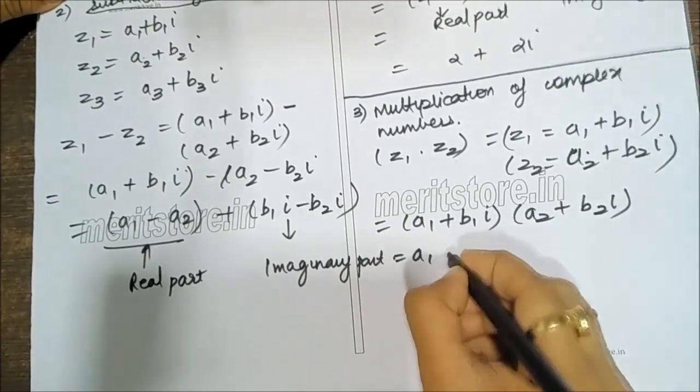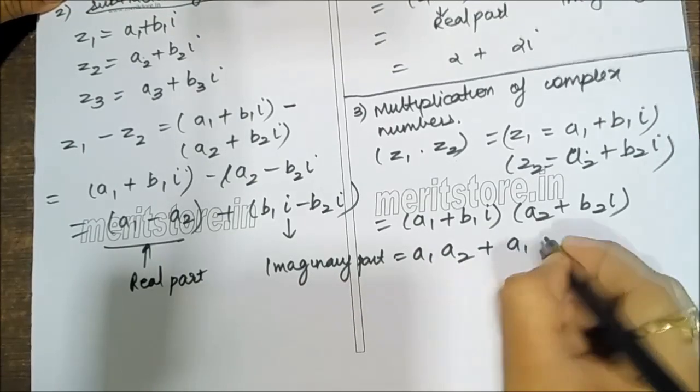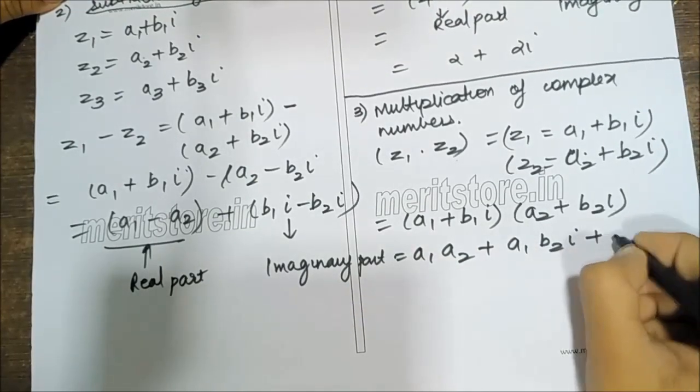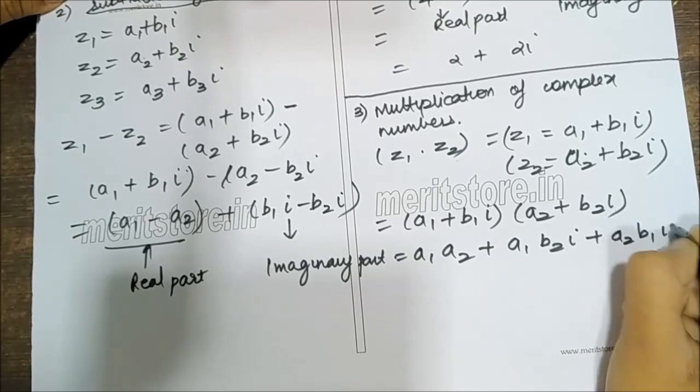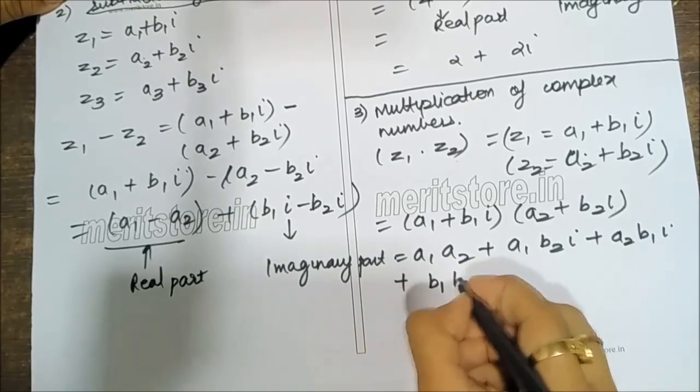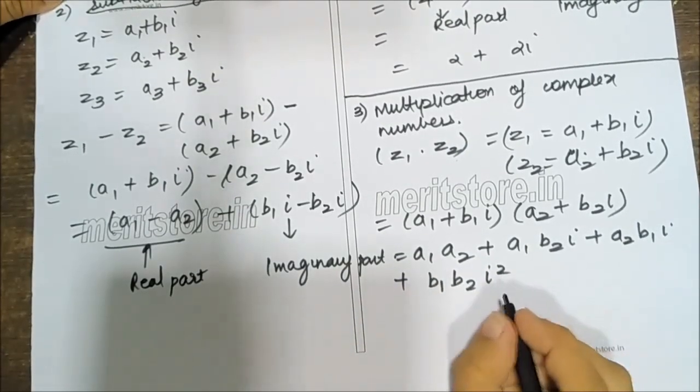That is A1 A2 plus A1 B2i plus A2 B1i plus B1 B2i square.